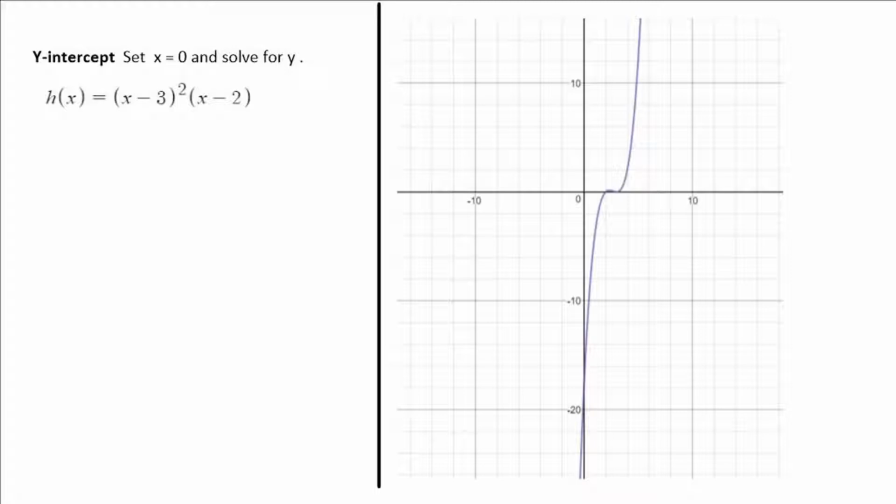Another important part of our graph is the y-intercept. To find the y-intercept, we just need to set the x value equal to 0 and solve for y.